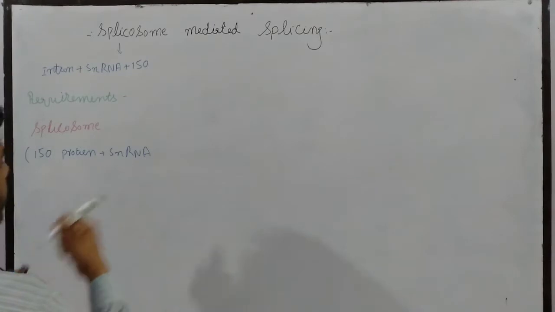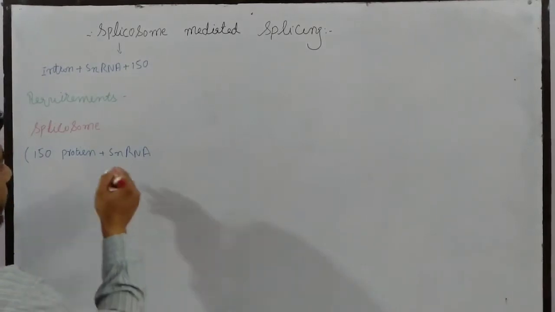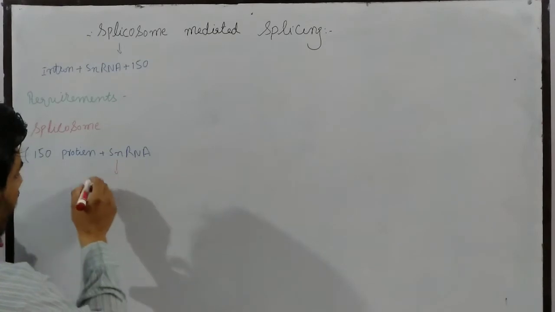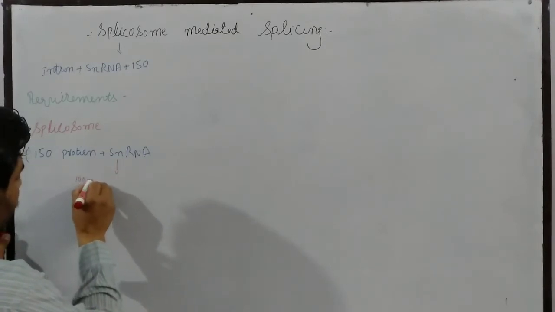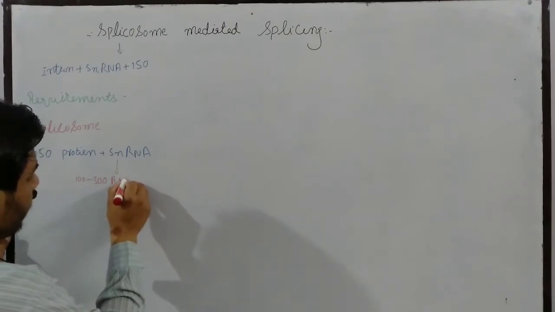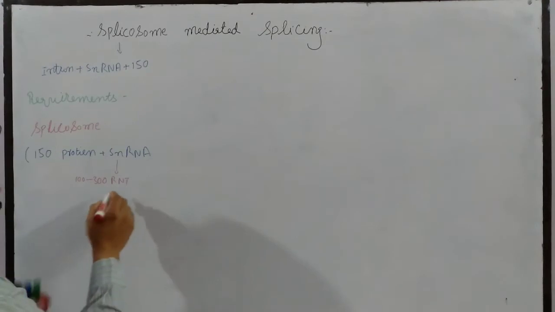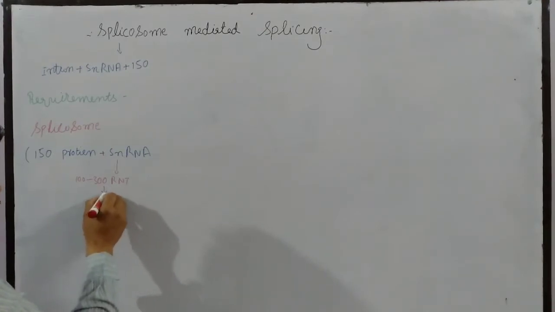So these are 100 to 300 nucleotide RNA sequences, and they can be denoted.